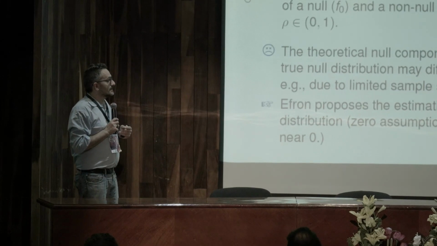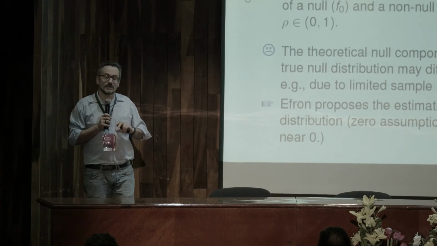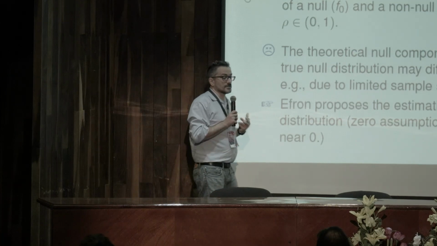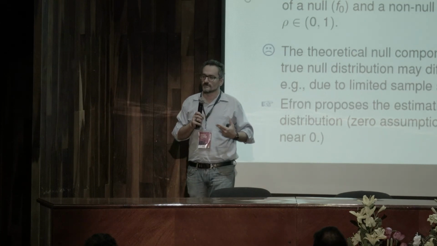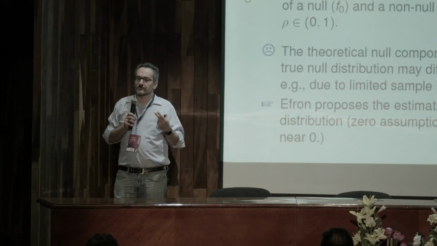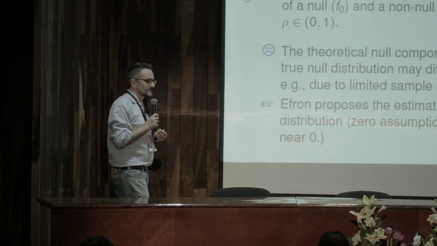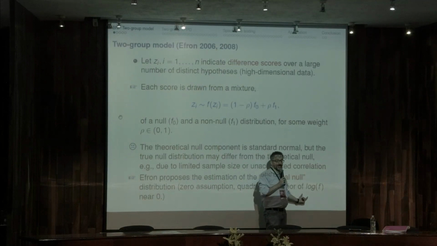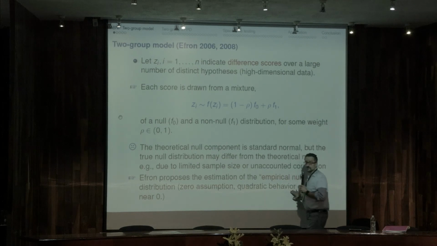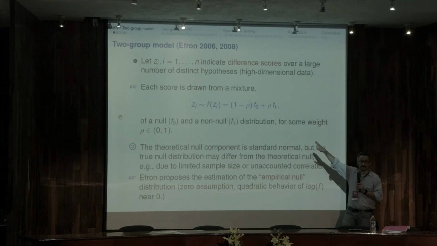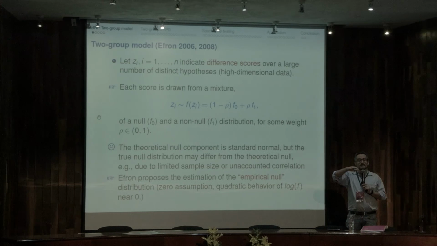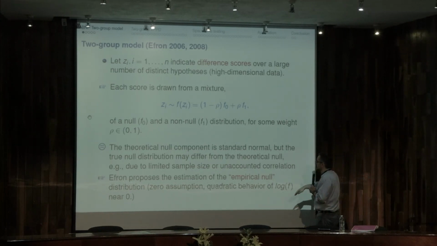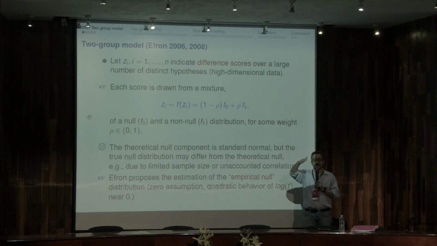His modeling framework assumes two important hypotheses. He estimates the empirical null distribution in many different ways, but let's say that two main ingredients of the different procedures that he proposes are the following. On one hand, he wants to propose a good approximation of the mixture density, F. In particular, the main approach that he follows is to assume a quadratic behavior of the log mixture density around 0.